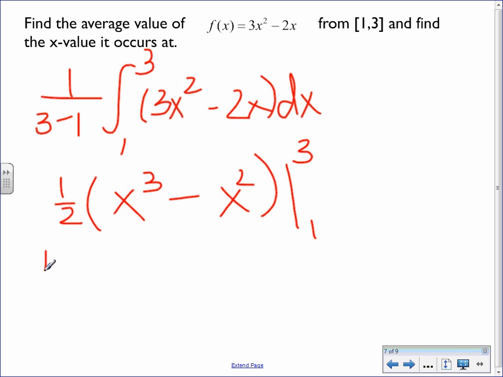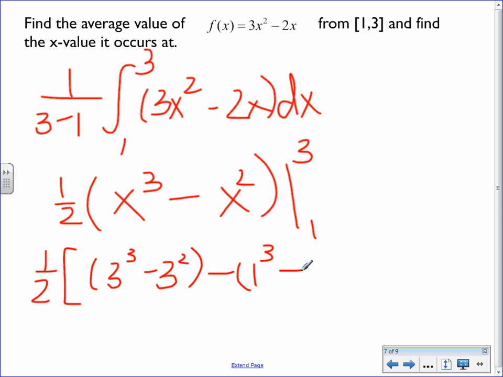So we have 1/2 times 3 cubed minus 3 squared minus the quantity 1 cubed minus 1 squared, which is 0, right? So what's 3 cubed minus 3 squared? 27 minus 9, so 18. Divided by 2? 9. So our average value is 9.